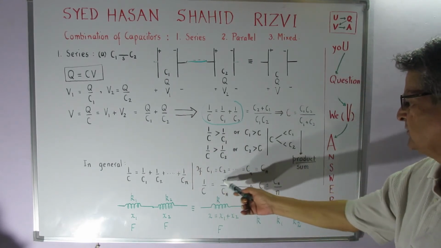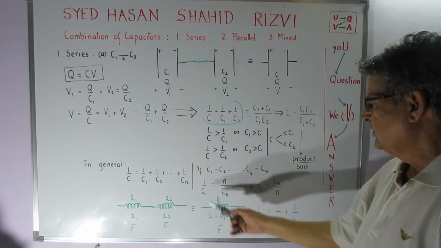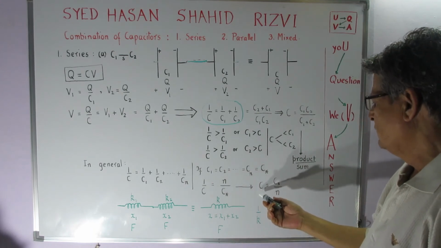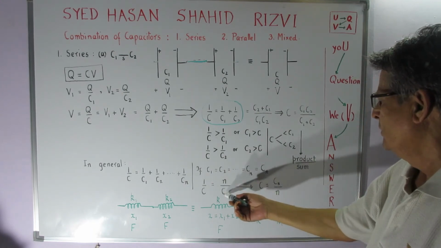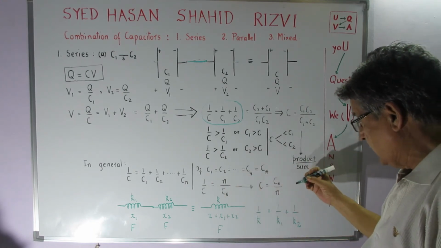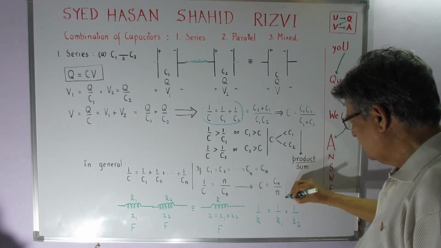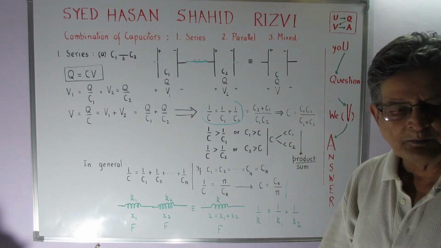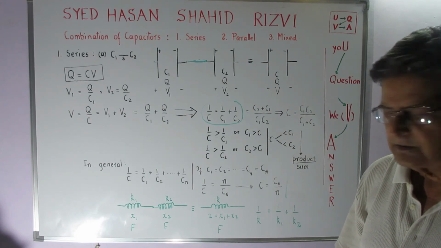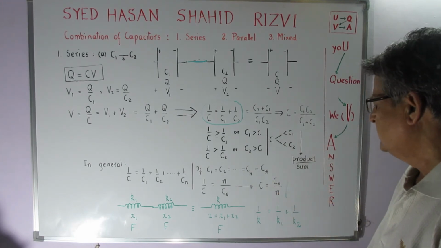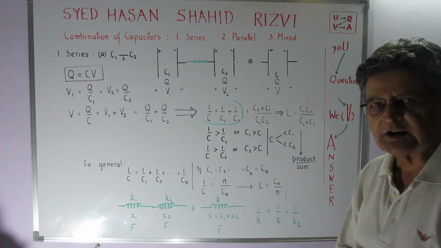So the value of 1 upon C is equal to n upon C star, which gives, on reversing, the value C will be equal to C star upon n, and n is greater than 1, okay, therefore the value will get reduced drastically.